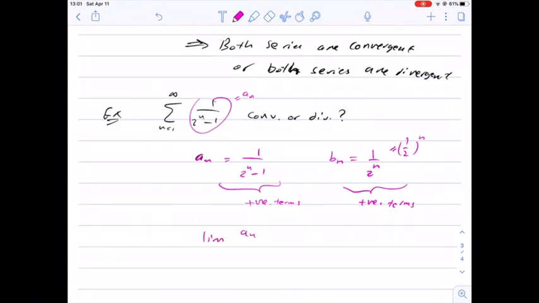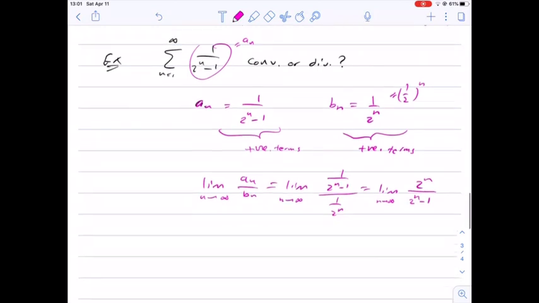Okay, now we have two series that have positive terms, and we need to find the limit of a sub n over b sub n as n goes to infinity. That is the limit of 1 over 2 to the n minus 1, over 1 over 2 to the n. Flip the denominator, you get 2 to the n over 2 to the n minus 1.